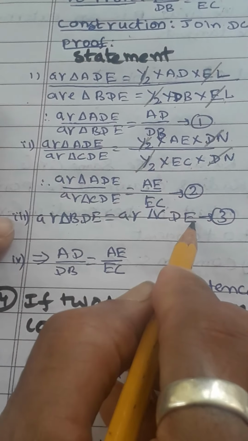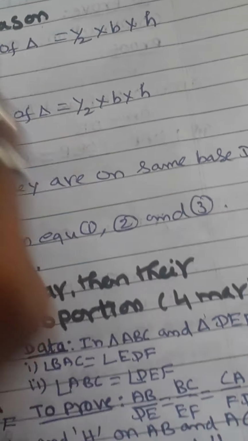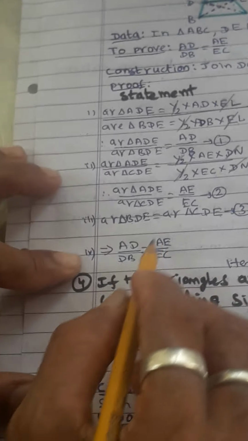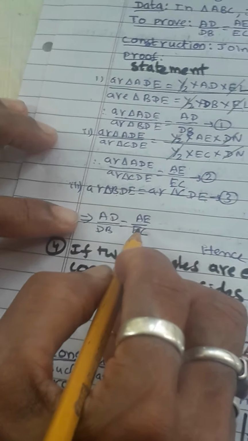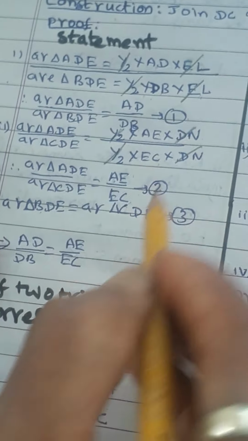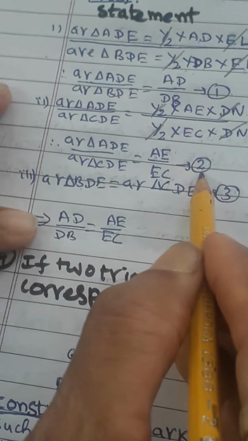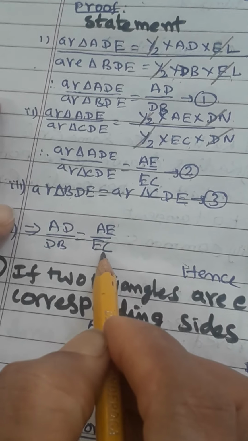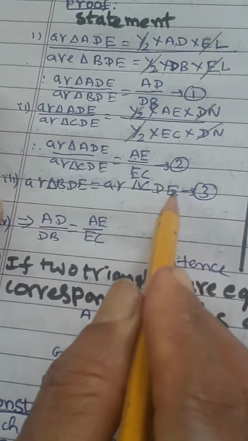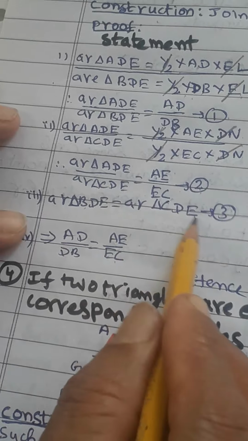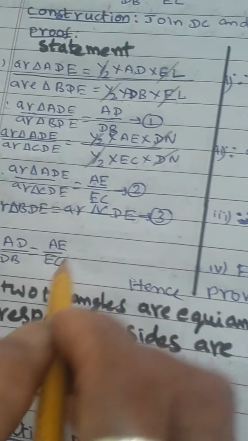Both are equal because they lie on the same base as well as between parallel lines. So we can say that AD divided by DB will be equal to the second equation, AE divided by EC. This we consider as equation number 3, because the areas are equal, so this also will be equal. Hence it is proved.